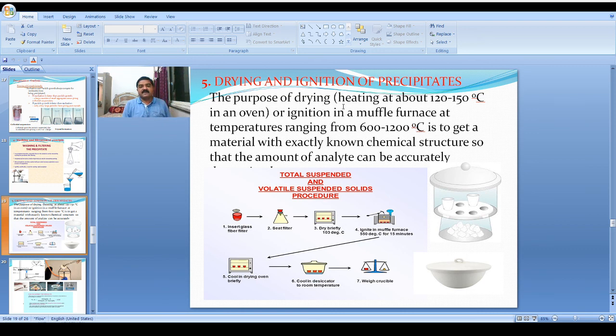The purpose of drying is heating at about 120 to 150 degrees Celsius in an oven. So the role of heating at about 120 to 150 means removal of water molecules, moisture, or ignition in the muffle furnace, at temperatures ranging from 600 to 1200, to get a material with exactly known chemical structure so that the amount of analyte can be accurately determined.